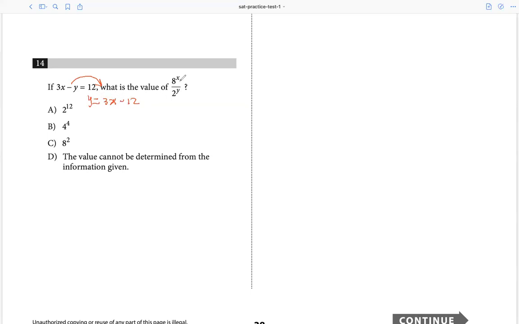Now I can push it into this. So that's a raised to x divided by 2 raised to y. Y is 3x minus 12. Right? So I have a to the x power divided by 2 to the 3x minus 12, which I can write as 2 to the 3x times 2 to the negative 12.